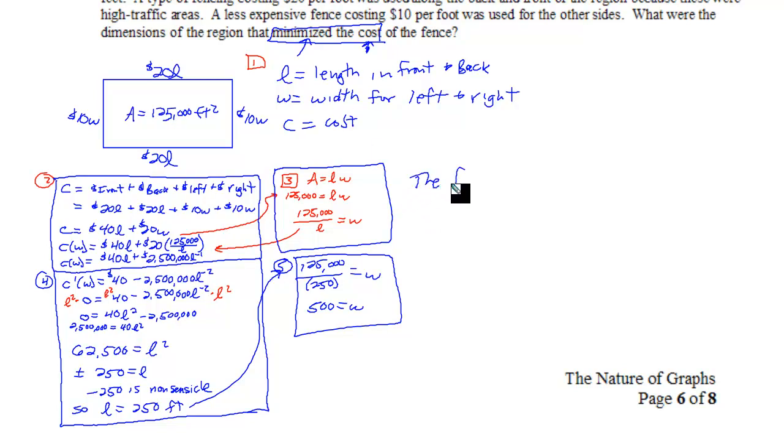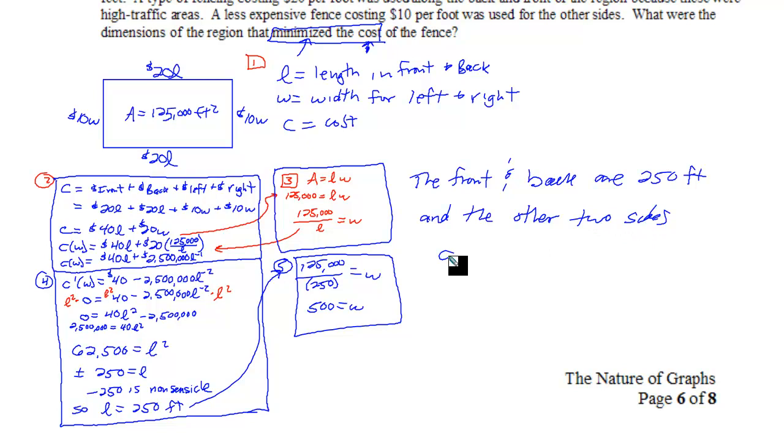So we could say the front and back are 250 feet, and the other two sides are 500 feet each. Lovely.